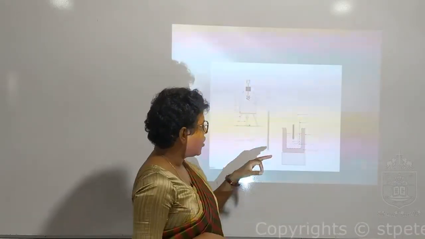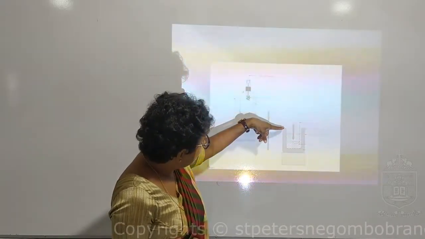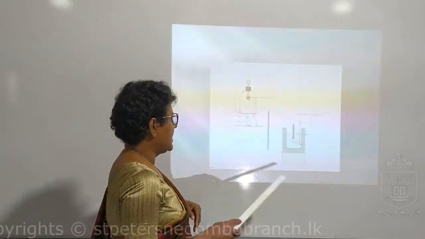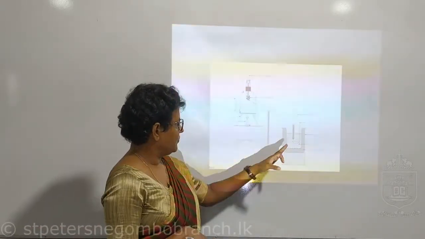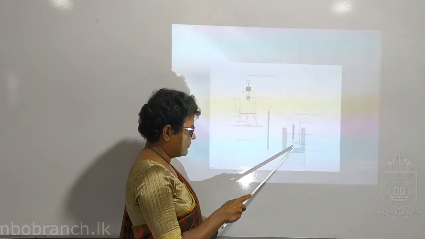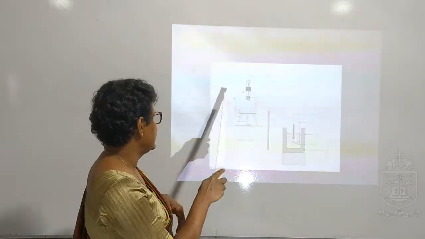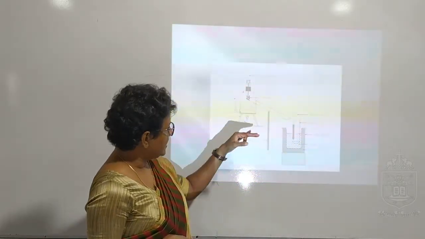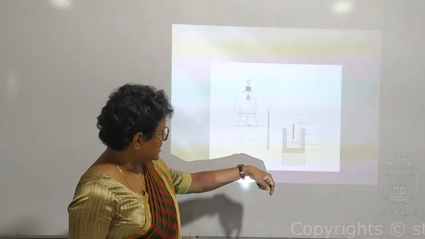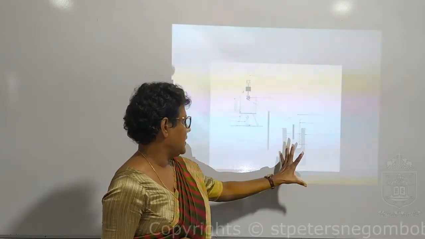The calorimeter contains water. You have to fill water up to 1 centimeter below the top level. So now you have to measure the initial temperature of this water and the calorimeter before you insert these lead shots. And finally, when the lead shots come in, you have to continuously stir this and measure the final temperature of the container.